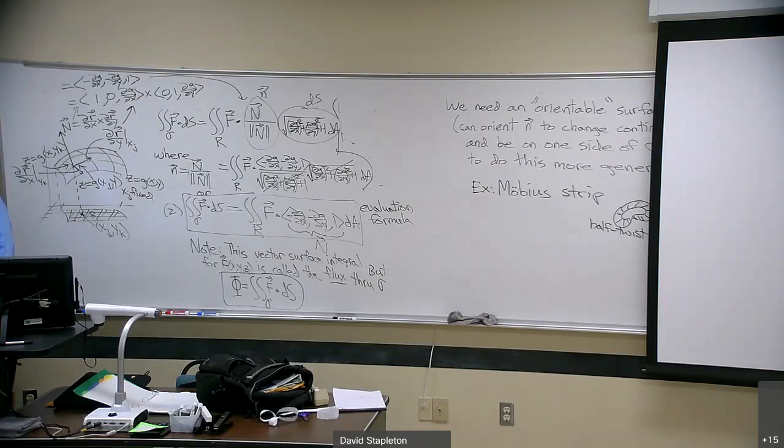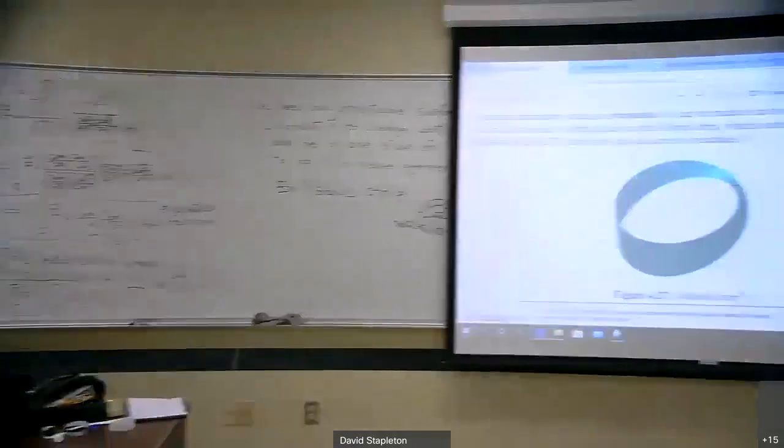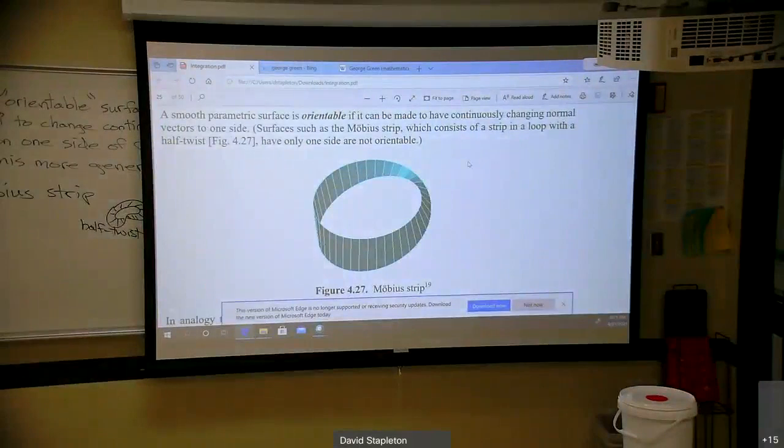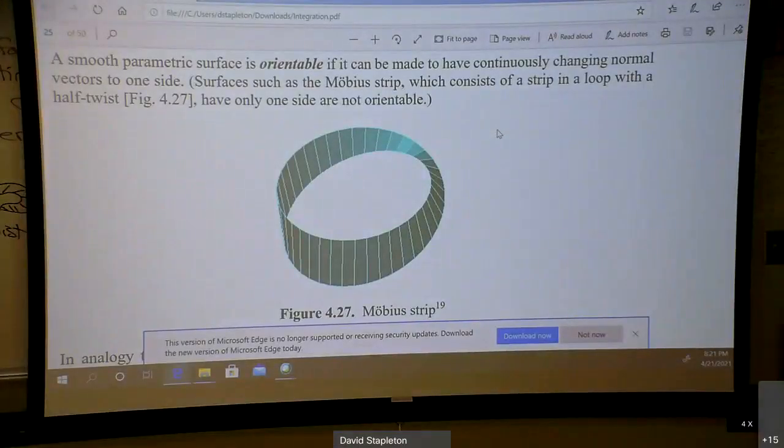All right, so there's my picture of the Mobius strip. You can see it on the camera. Just a paper with a half twist.